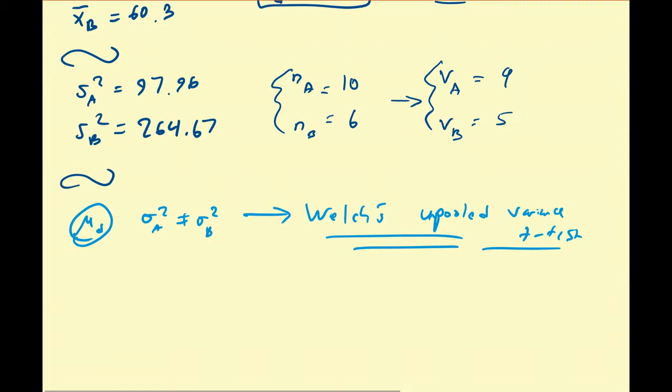The only really complicated part is calculating the degrees of freedom for the hypothesis test.